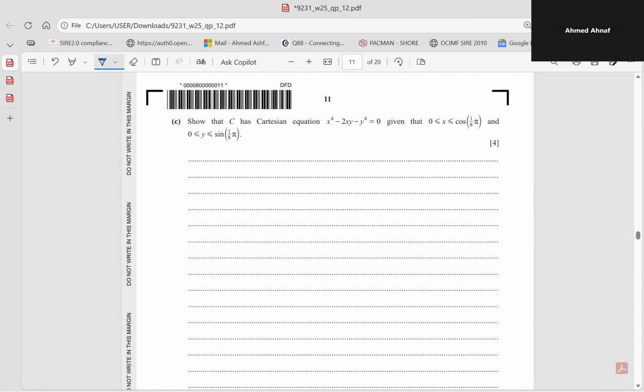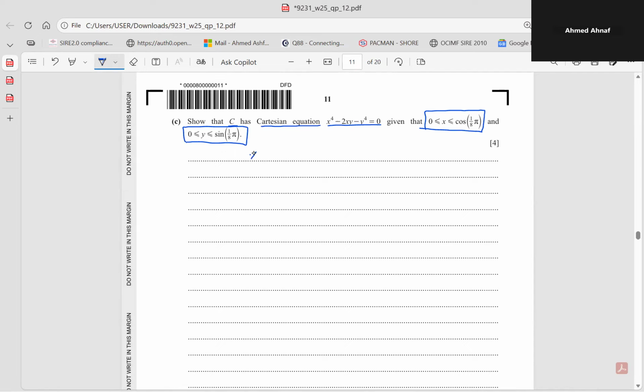Okay, so for this part, we need to show that C has this Cartesian equation, and we also need to find the domain of x and y. To convert a polar equation into a Cartesian equation, we need to know these formulas.